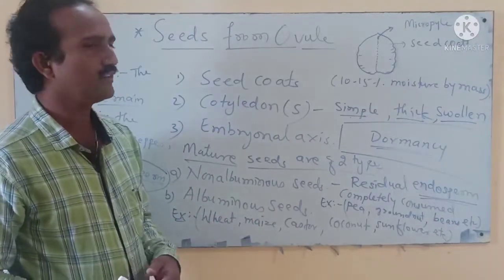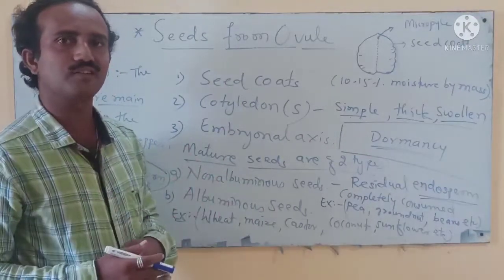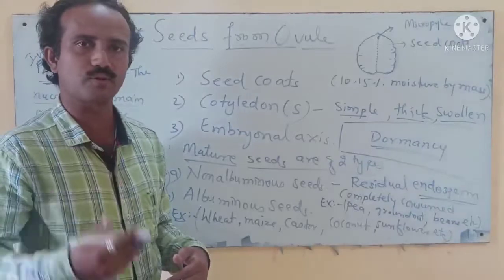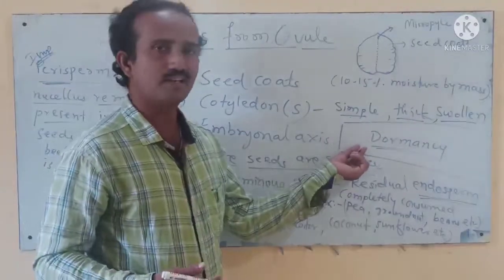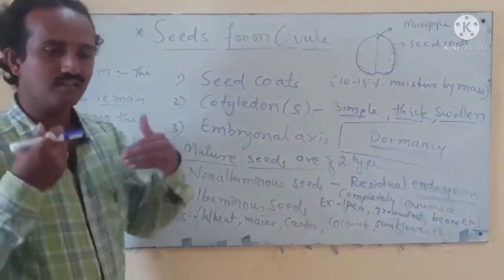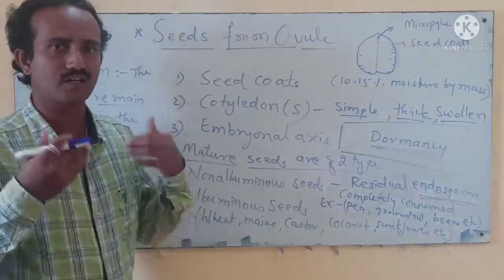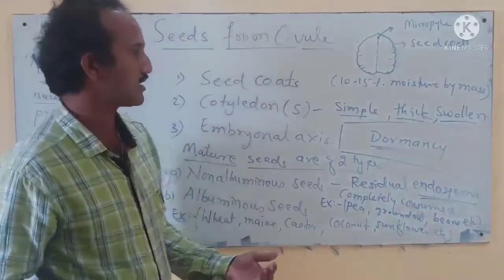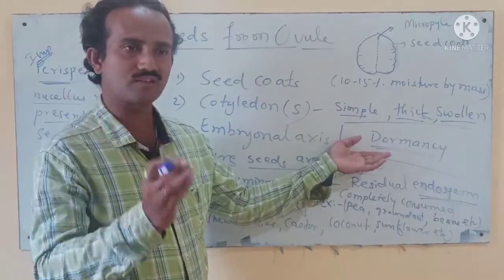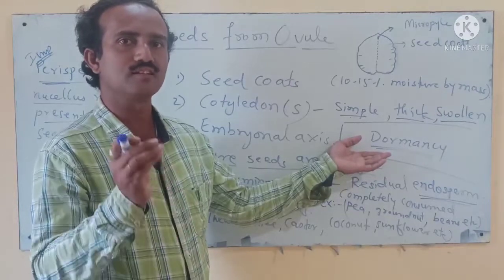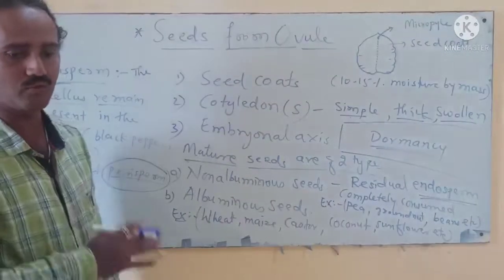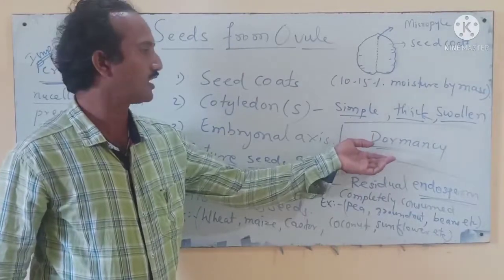The general metabolic activity of the embryo slows down, and it goes into the inactive stage called dormancy. At this stage, if they get favorable conditions such as adequate moisture, oxygen, and suitable temperature, they can germinate.